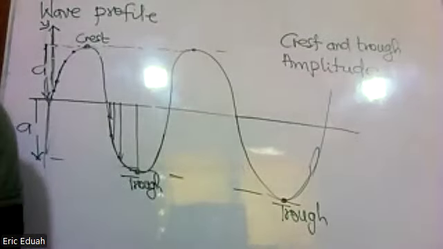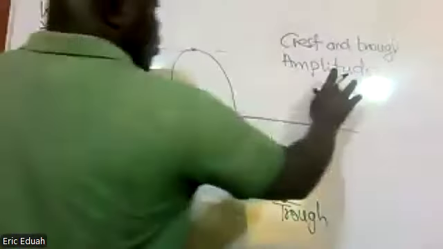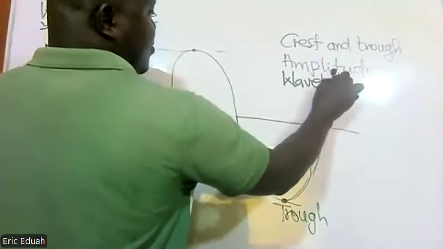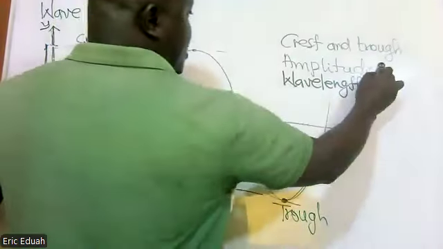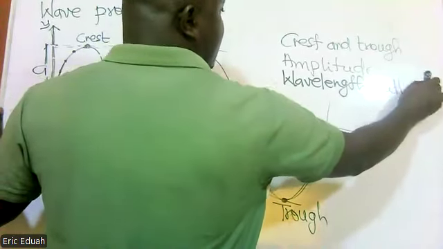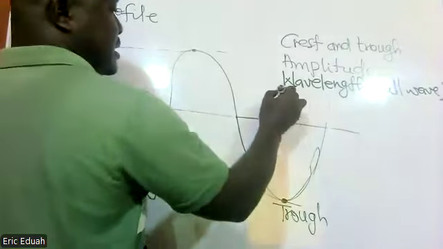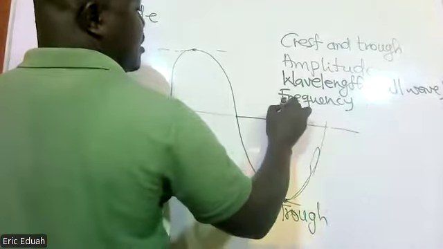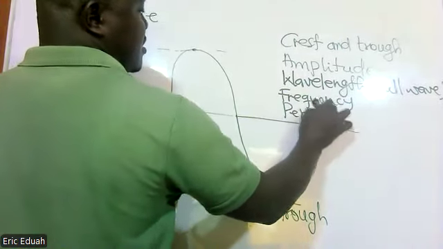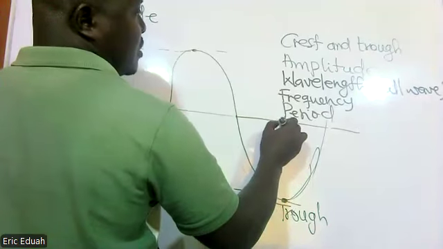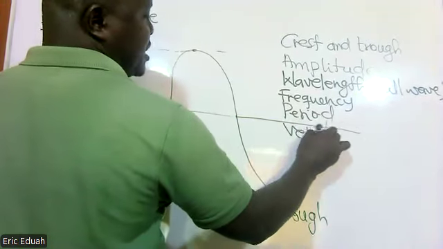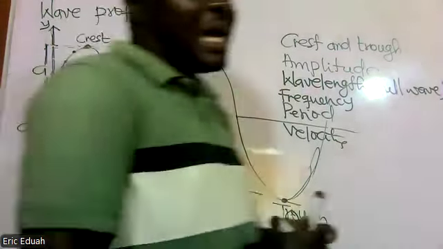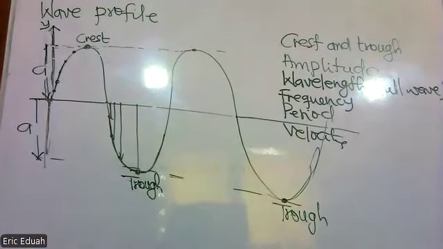Then let's identify what we mean by wavelength, what we call a full wave. Then we'll also look at the frequency, period, then velocity or speed of a wave. Basically, we are looking at the measurable properties of a wave.